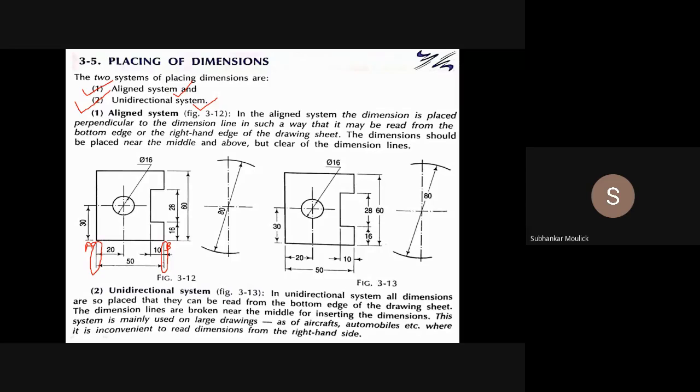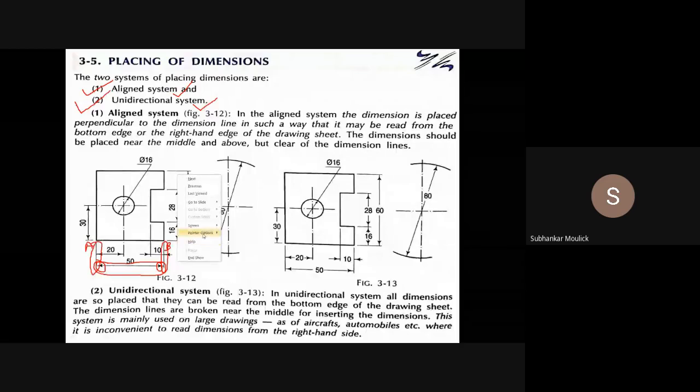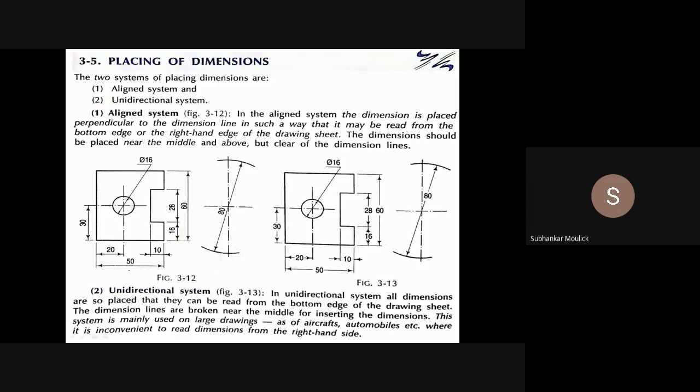In between the two extension lines, I will draw a dimension line, having two arrowheads at the extreme ends. This is one arrowhead. This is the second arrowhead. Then exactly at the middle portion above this dimension line, you have to write 50. So this is the aligned system of dimensioning. Is it clear?